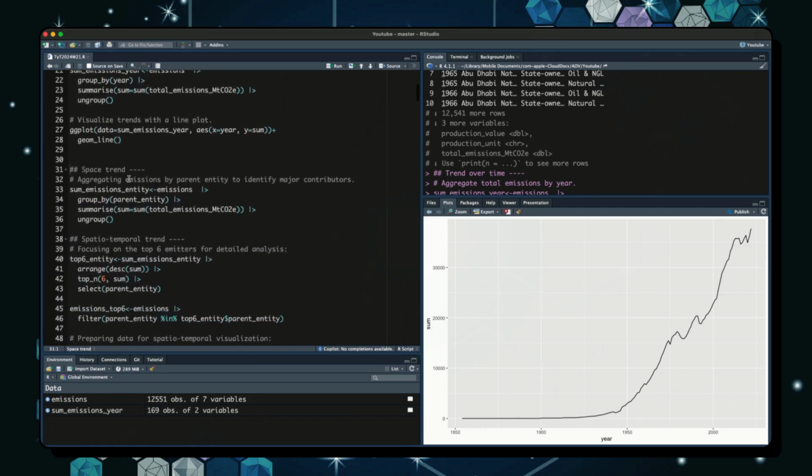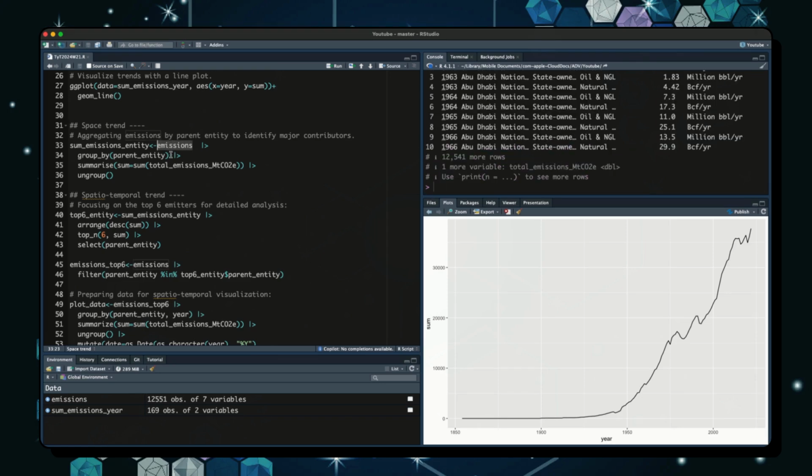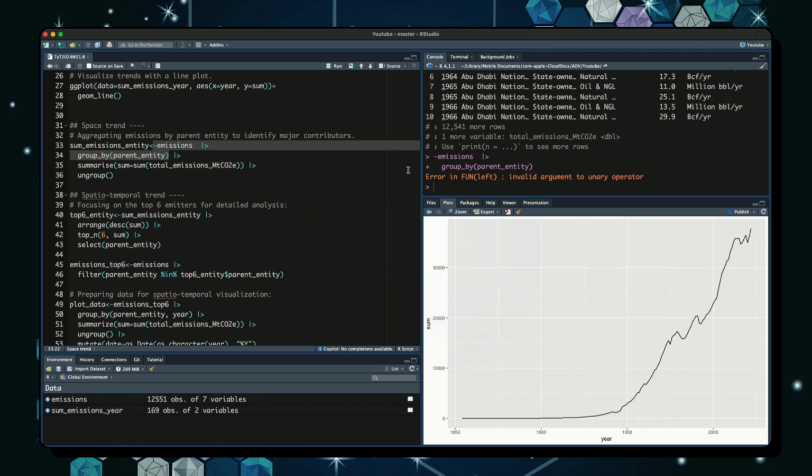Now let's take a look at the trend over space, or over location. So if I want to know what kind of variation I have over location, I need to take my dataset and group it by parent entity.